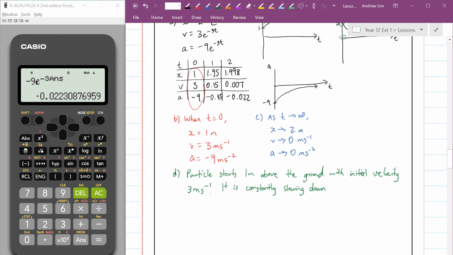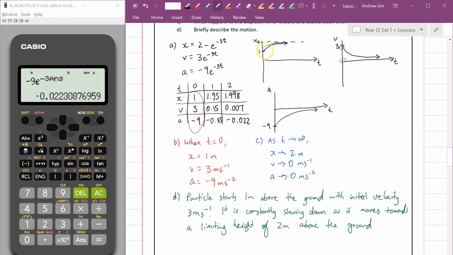So it's constantly slowing down as it moves towards a limiting height of 2 meters above the ground. We can see that in the displacement graph. It's approaching 2 meters above the ground.